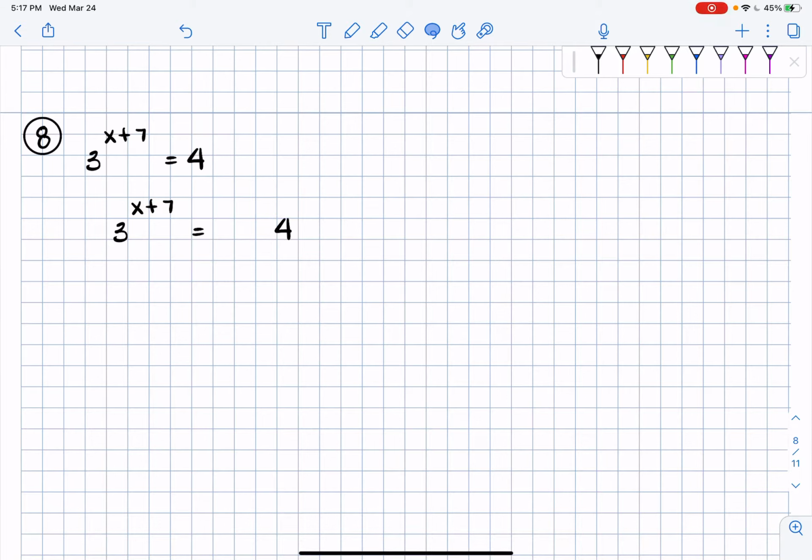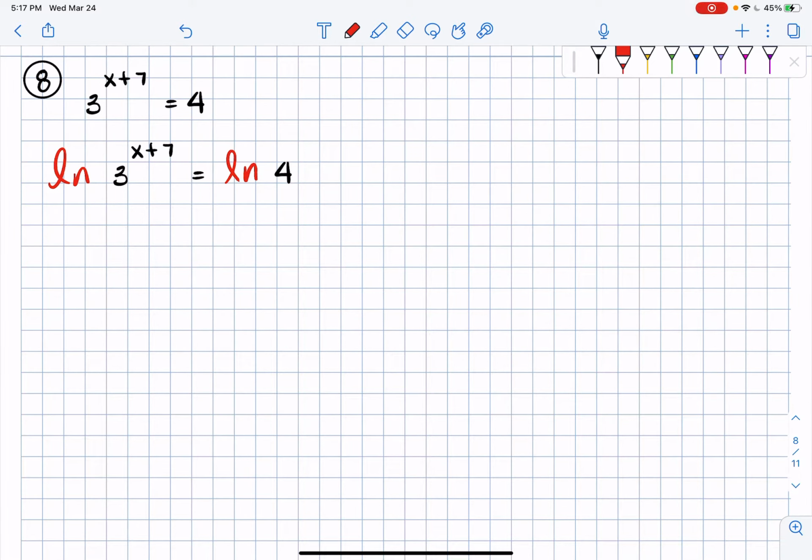So what I'm going to do here is take the natural log of both sides, right? And from there, I'm going to use the power rule here. So I'm going to have x plus 7, which is my power, times the ln of 3 is equal to the ln of 4.